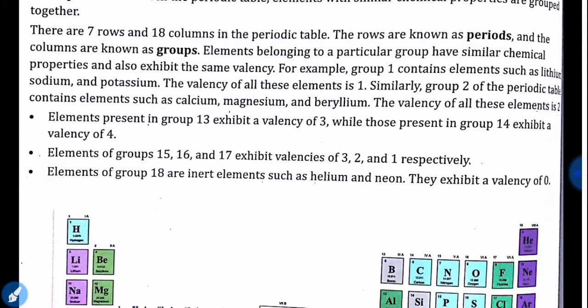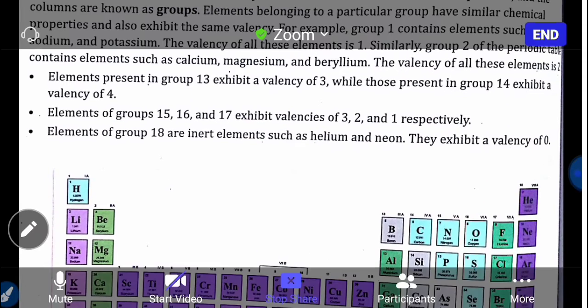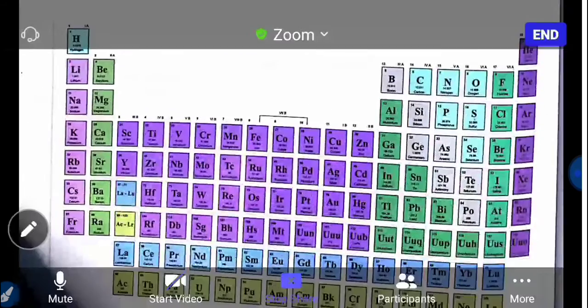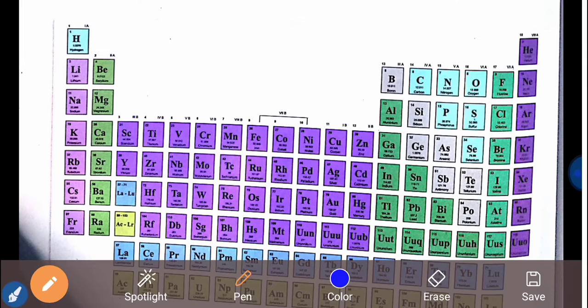Elements belonging to a particular group have similar chemical properties, as we already discussed, and also exhibit the same valency. One example: the first group contains elements such as lithium, sodium and potassium. The valency of all these elements is 1. If you see here, this is the first group and this is the second group.